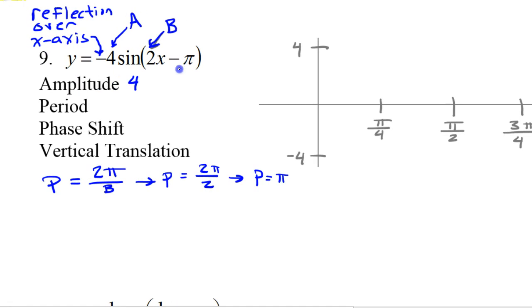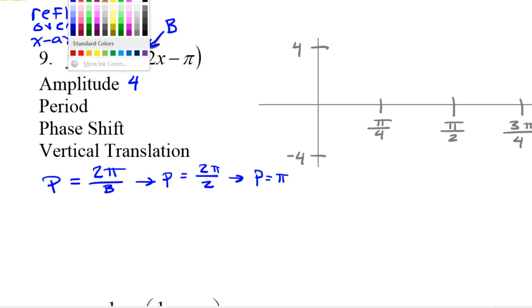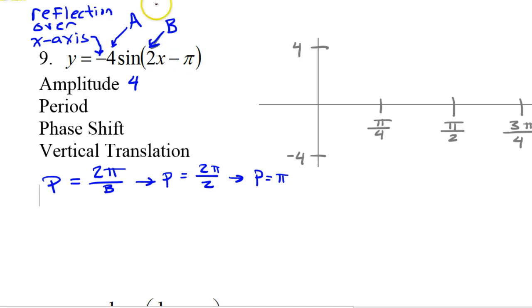Now, I see this minus pi on the end. That is going to end up giving me a phase shift, but I have to be very careful. I cannot read the phase shift right now. You have to factor this 2 out, outside of the parentheses before you can look at the phase shift.